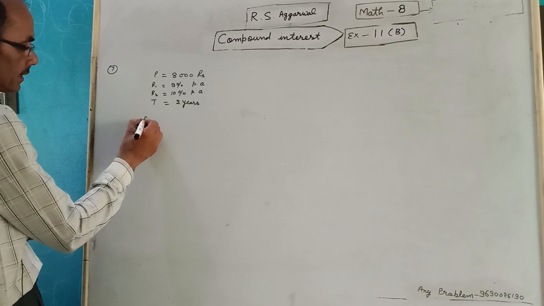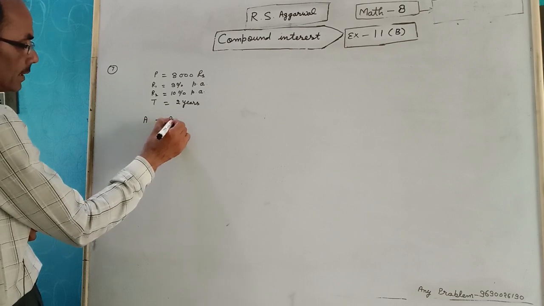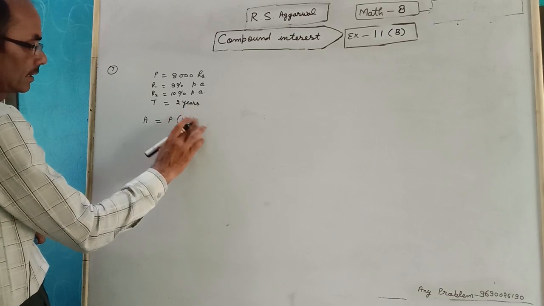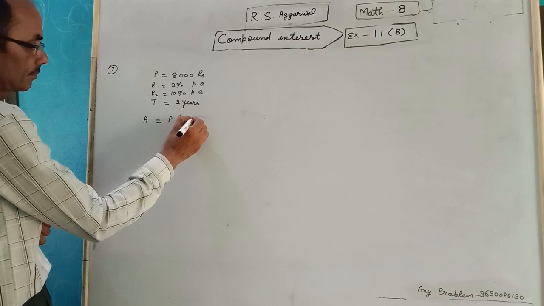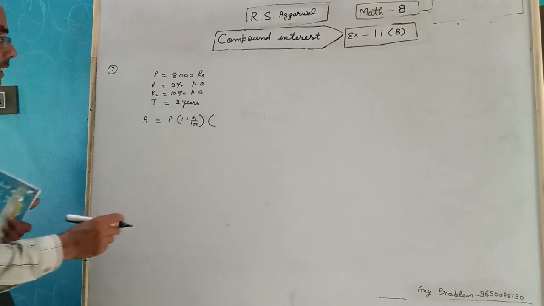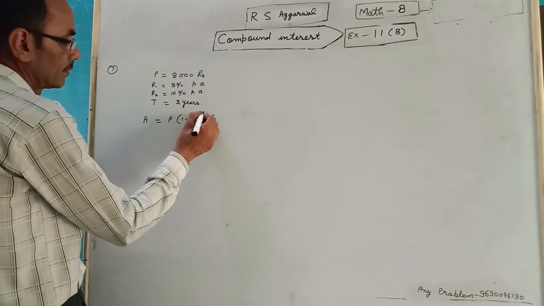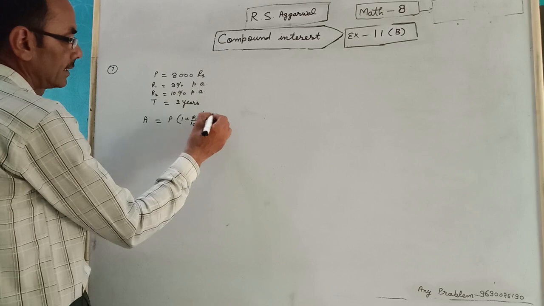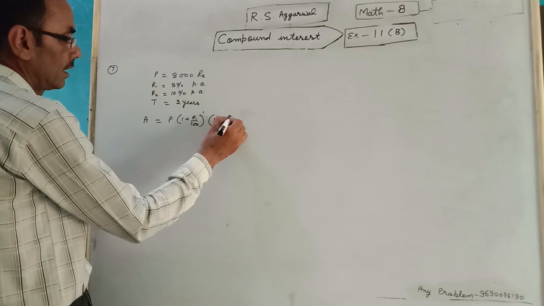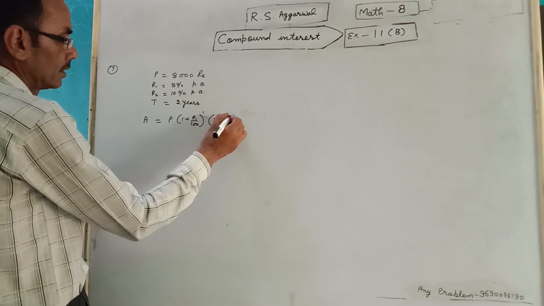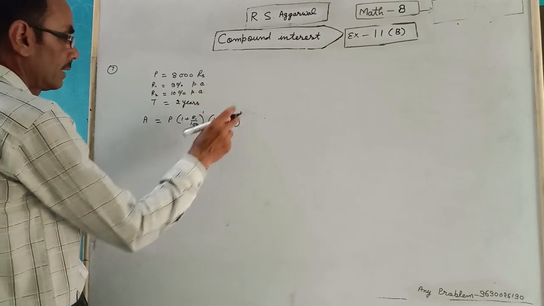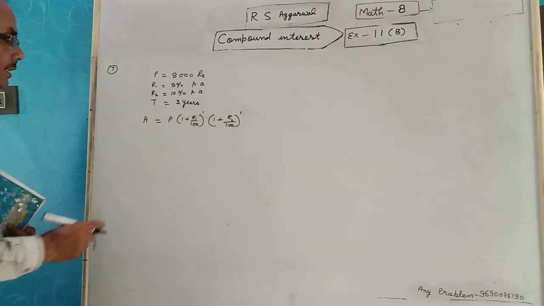Formula will be A is equal to P bracket 1 plus R1 upon 100, that is the bracket for the first year, and for the second year 1 plus R2 upon 100, total 2 years.